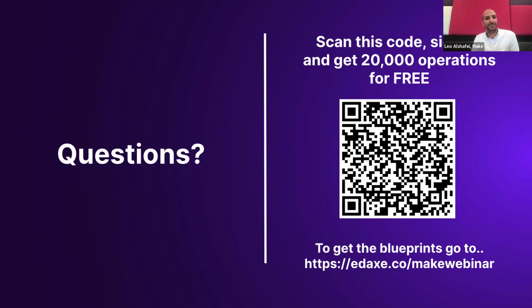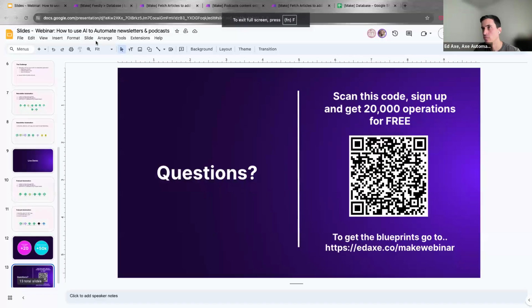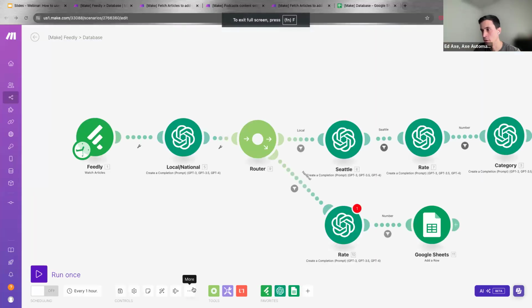But I'm going to share the blueprint for you guys, so you can just import it. Let me show you how. If you go here, you just import the blueprint, and the scenario will pop up live for you to save and run on your own. So from the link that I'm going to share, you can download the blueprint and then import it here using this option.